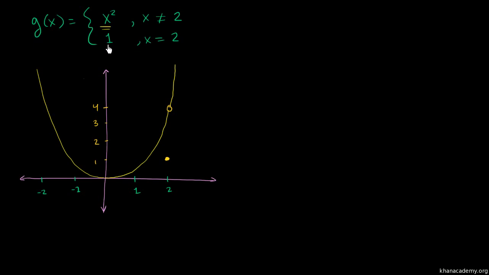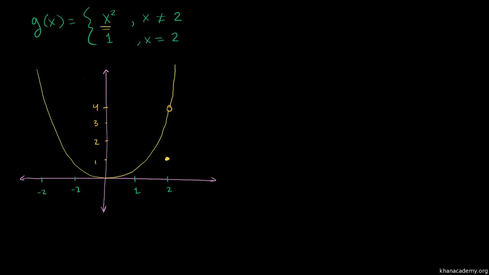You use g of x is equal to 1. Have I been saying f of x? I apologize for that. So then at 2, just exactly at 2, it drops down to 1, and then it keeps going along the function x squared.